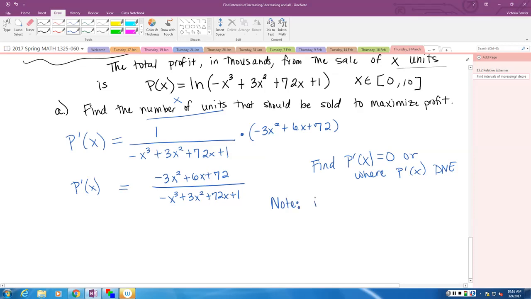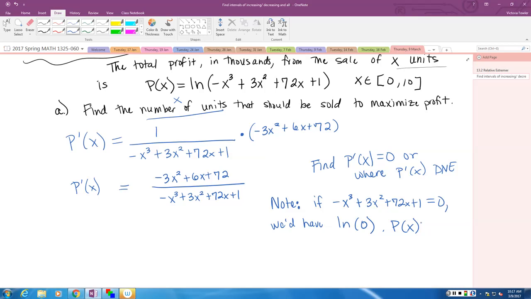Note, if that denominator equaled 0, we'd have natural log of 0, because this came from the argument. The function doesn't exist, right? You just got an error.